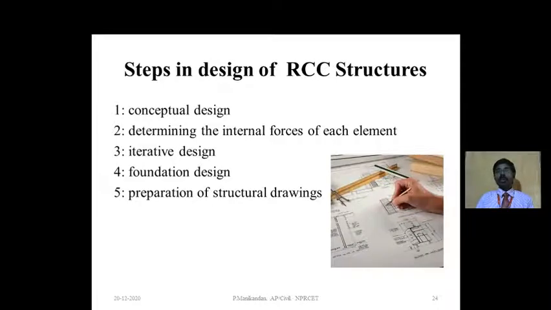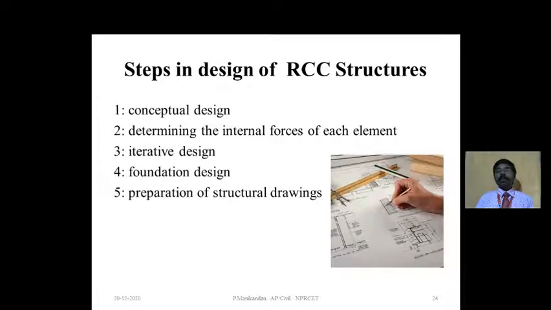Everyone will have different ideas in creating a plan of a residential building or any commercial structures. So as a first step, we should make a conceptual plan of the structure which we are going to design.